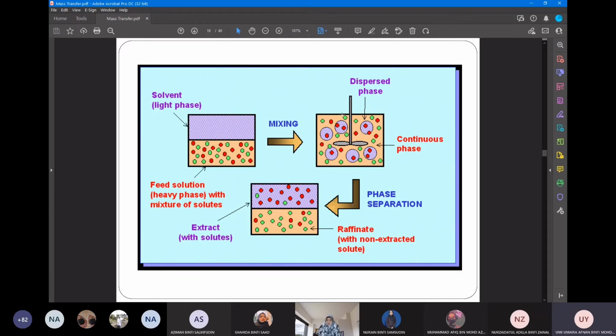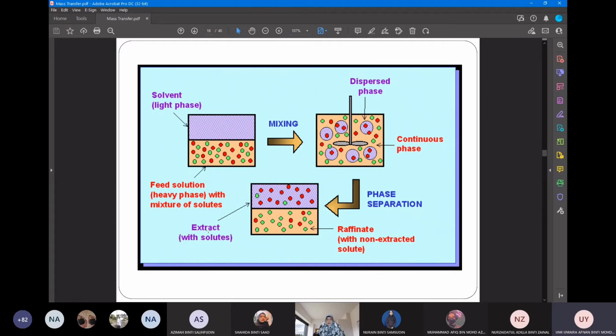You're going to have a good contact between your solvent and your solute. We want that contact because it increases the diffusion rate. So after the contact happens, you settle the liquid, and then you can see the separation occur, where you have your solutes in your solvent. The final product on the top layer is called the extract.